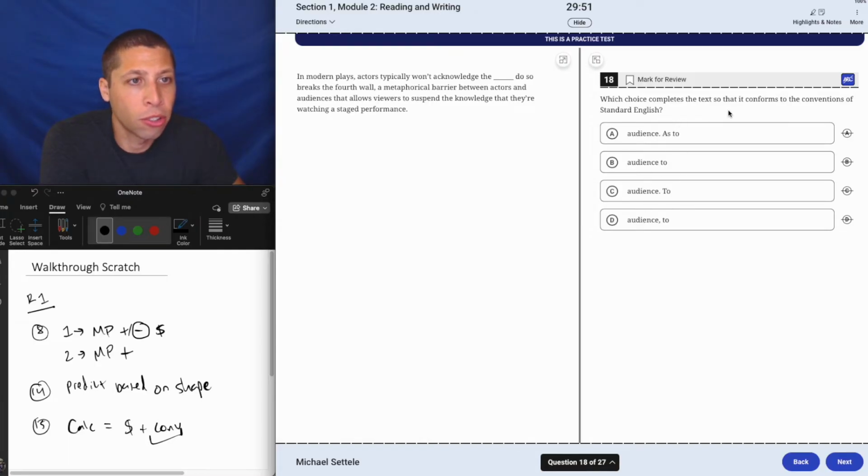So we got some sentence structure stuff again. Let's think about sentences. In modern plays, actors typically won't acknowledge the audience. That's a sentence. As to do so breaks the fourth wall, a metaphorical barrier between actors and audiences that allows viewers to respond. Okay, so yeah, this is a sentence. Not this part. We can cross this part off. Can I cross it out? No. So we'll make it blue. Doesn't matter. It's this part I care about.